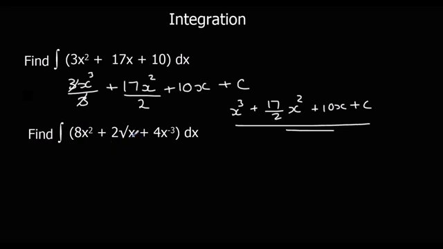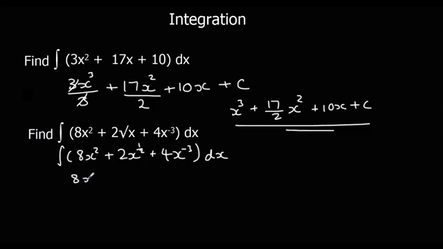Okay, the second one, we have to change the root x to x to the half before we can integrate it. So we've got 8x squared plus 2x to the half plus 4x to the power of minus 3. Again, the same process. Add 1 to the power, divide by the new power, and plus a c on the end.